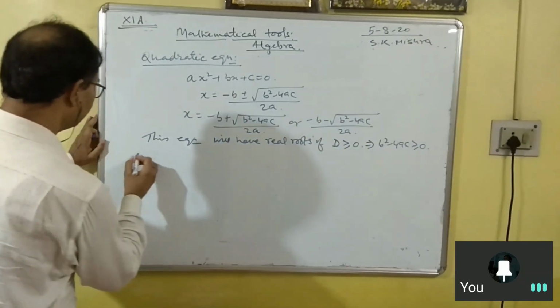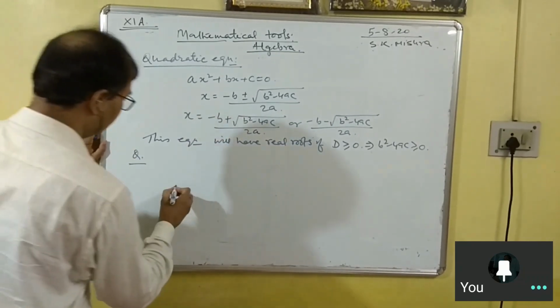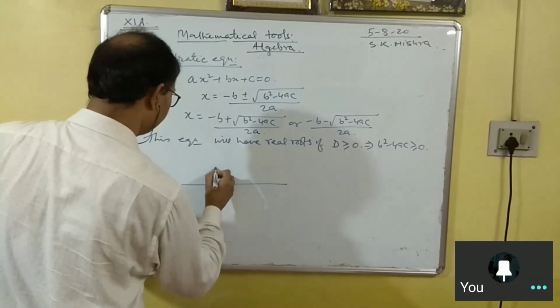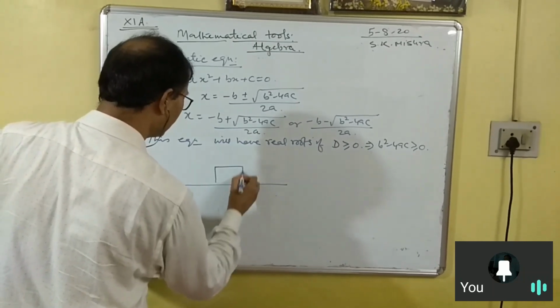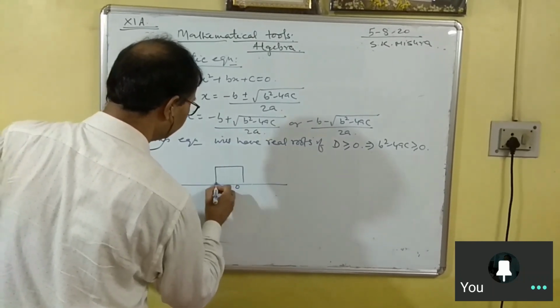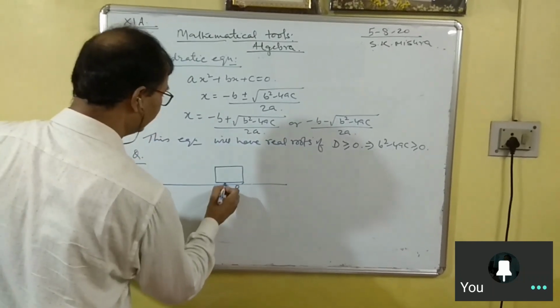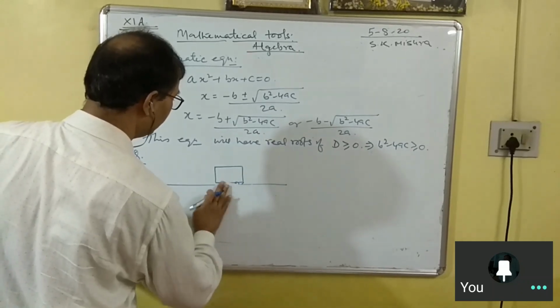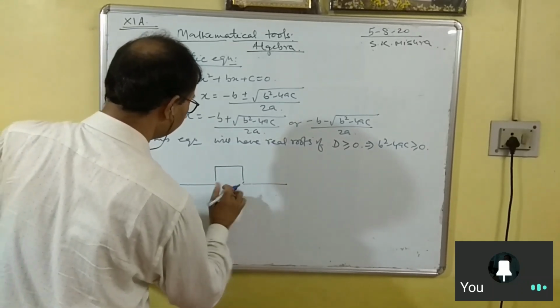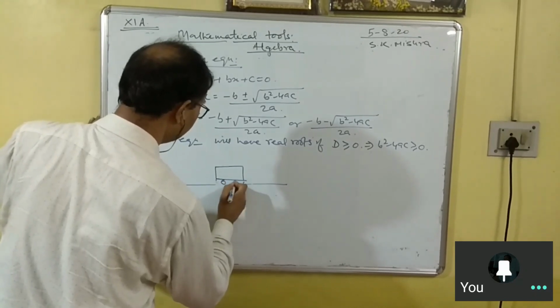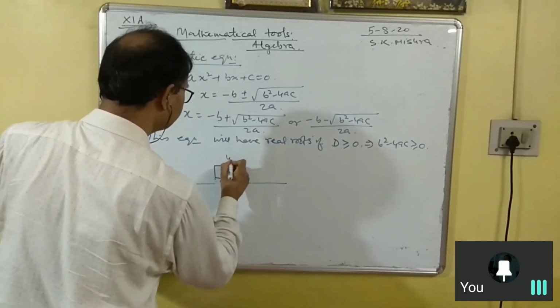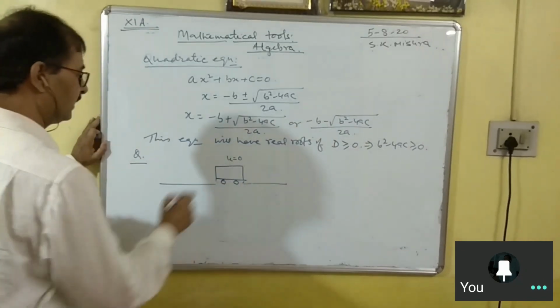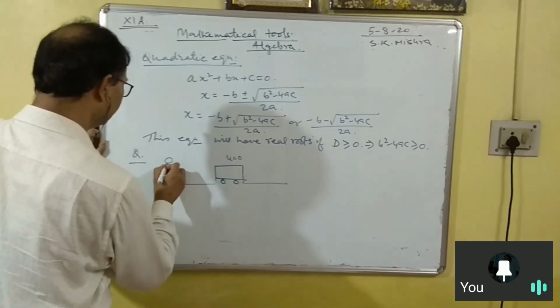So just see this problem. You have a bus standing on the road. Okay, here is your bus standing on the road. The bus is at rest, and a passenger is waiting here.